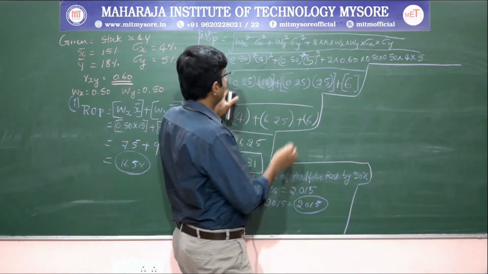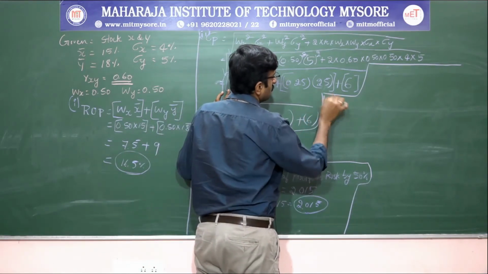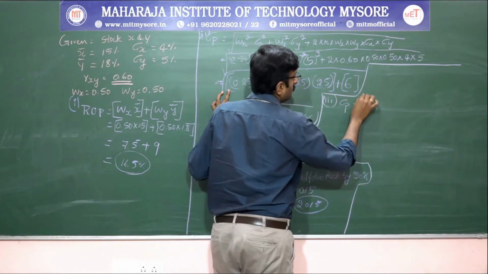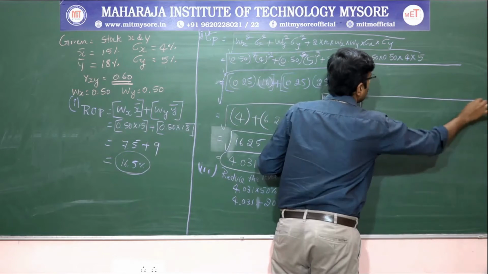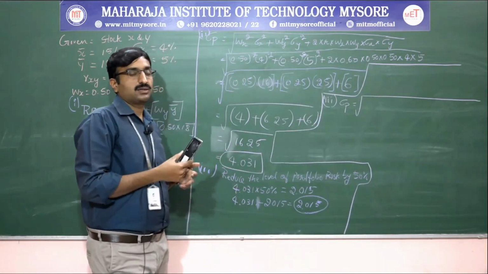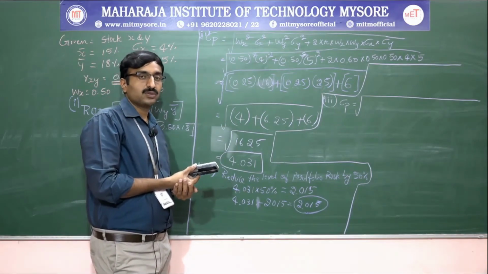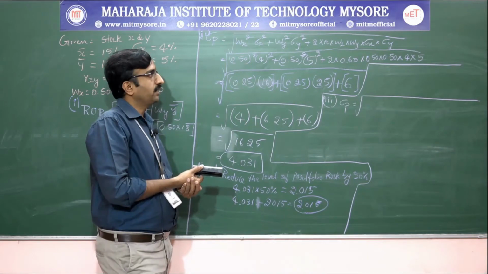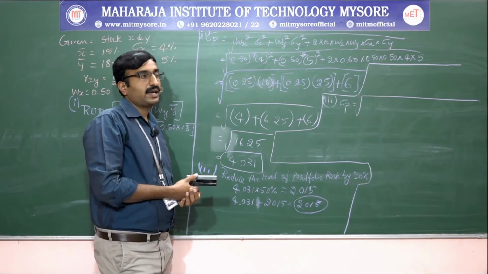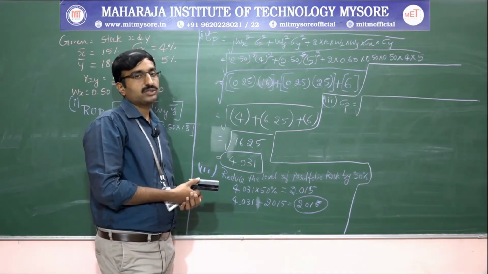Apply the same formula, third question answer, that is standard deviation P is equal to weight x square into standard deviation x square plus weight y square into standard deviation y square plus 2 into r into weight x into weight y into standard deviation x into standard deviation y.